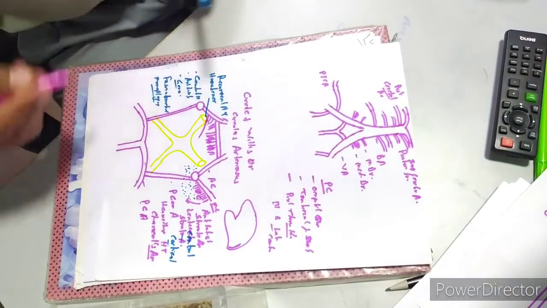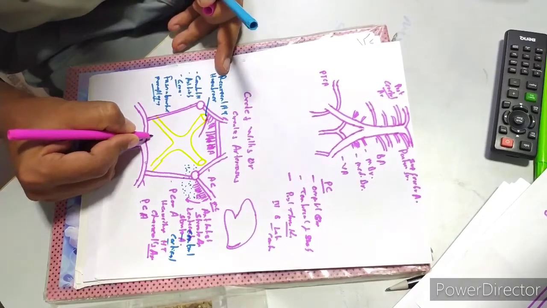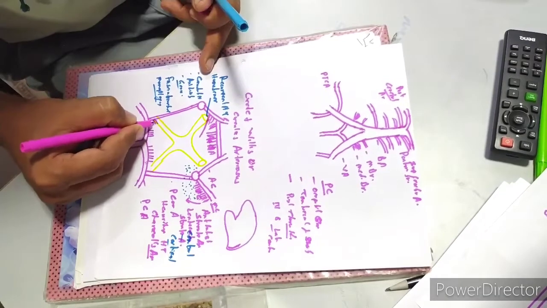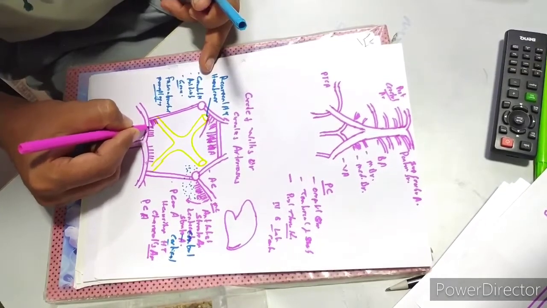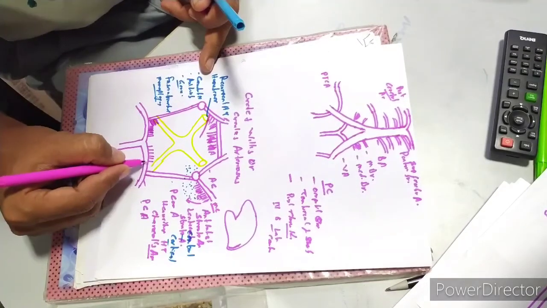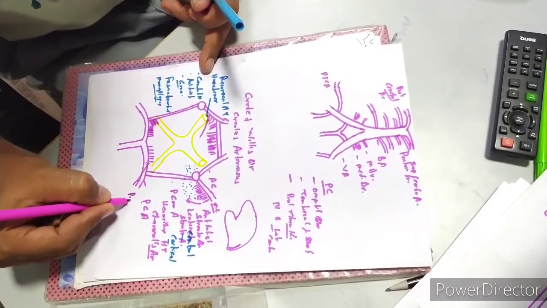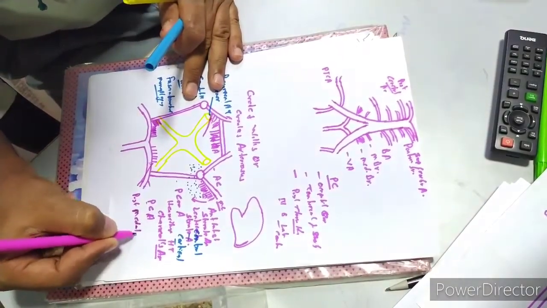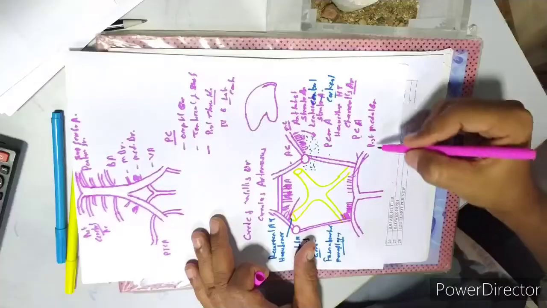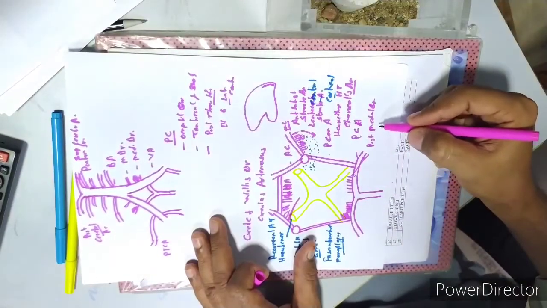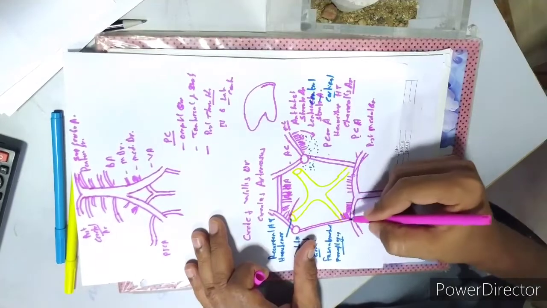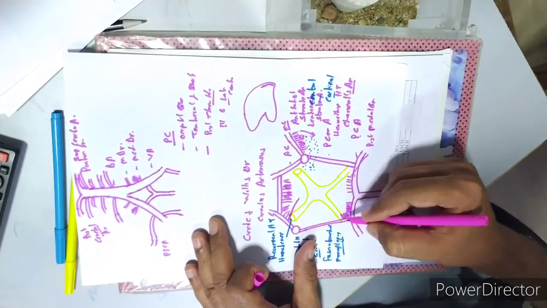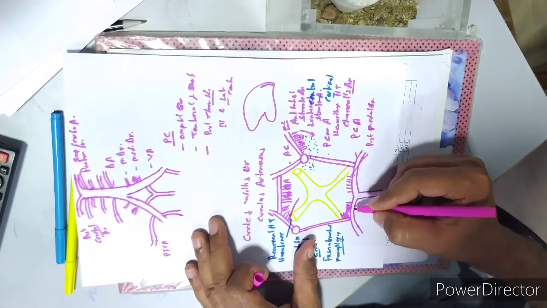Then the posteromedial group. The posteromedial group of central arteries arises from the posterior communicating artery and the proximal part of the posterior cerebral artery.